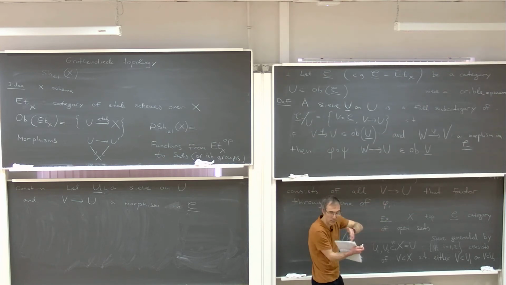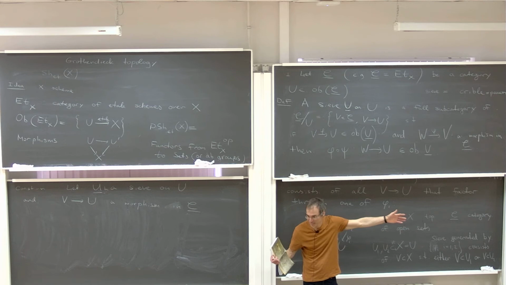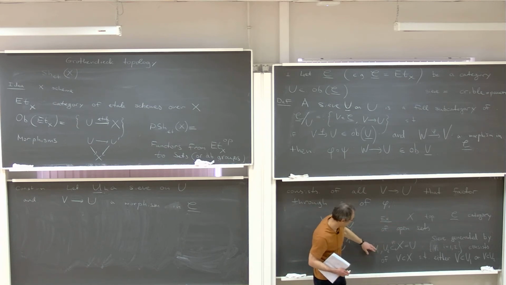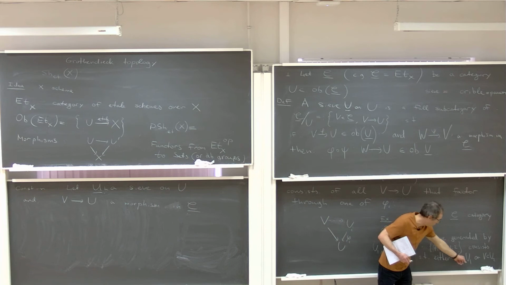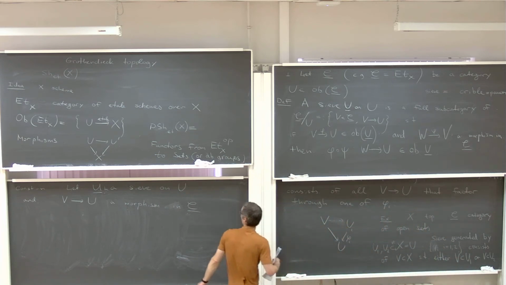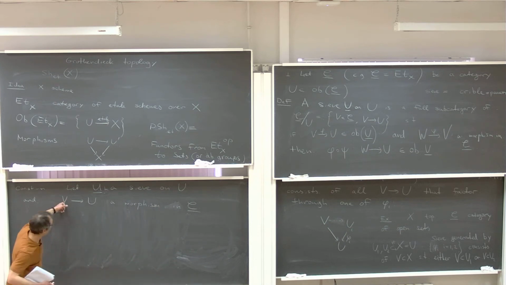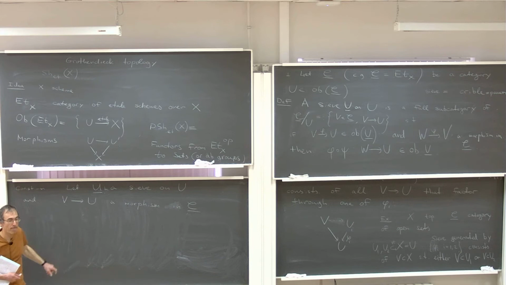I can take, for example, all objects of my sieve. Here we have X, we have a collection of open sets, and we consider all open sets that belong to some U_i. So now I have an inclusion, and I want to construct a sieve on V.